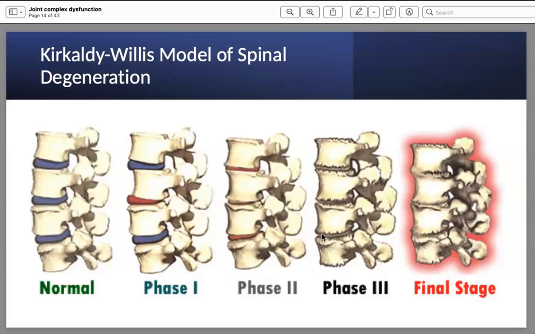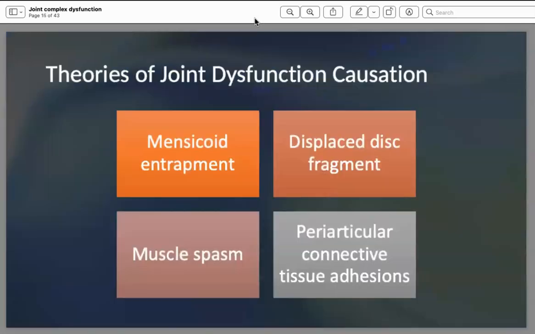Because over time, that immobilization can cause different levels and progression of degeneration. Just a little review from that Kirkcaldy-Willis model of spinal degeneration we talked about, I believe, in week 3, where you may not even have any symptomology within these initial phases, because pain might not necessarily be present at that time. But different levels of immobilization can lead towards degeneration as well.